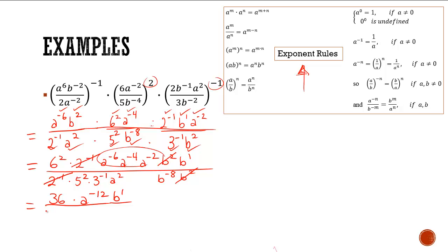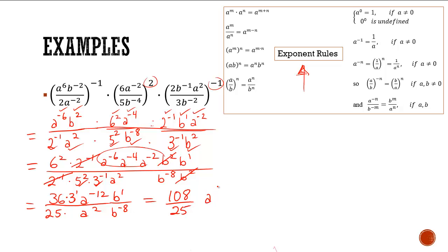And here we've got 25 times 3 to the -1. So that's going to be times 3 up top. 3 to the 1 up top. Dealt with those. And then a squared and b to the -8. So now we've got 36 times 3, which is 108 up top, over 25.